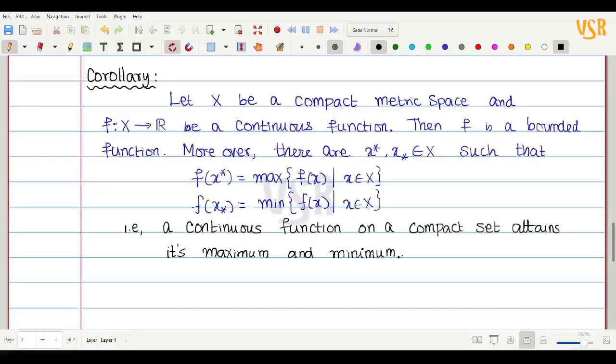So this is a theorem. Using our previous theorem, we are going to prove this theorem.